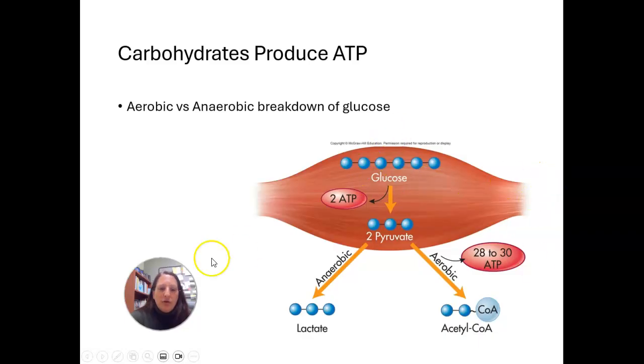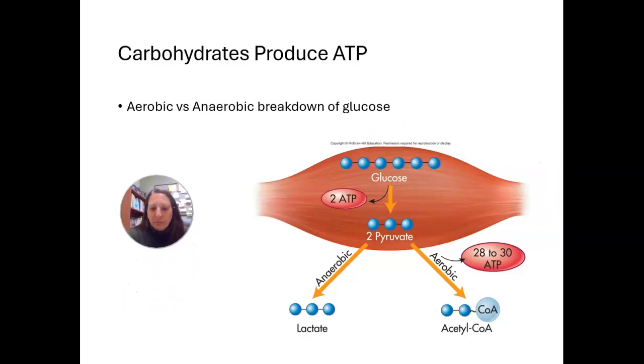Here we go, just showing the 2 pathways. Here's glucose, which again is stored in muscle cells in the form of glycogen. Glucose can be broken down anaerobically. In that process, it produces 2 molecules of ATP. It also produces lactate, as well as hydrogen ions, which can change the pH in muscles, and we'll talk about cramping and things like that.